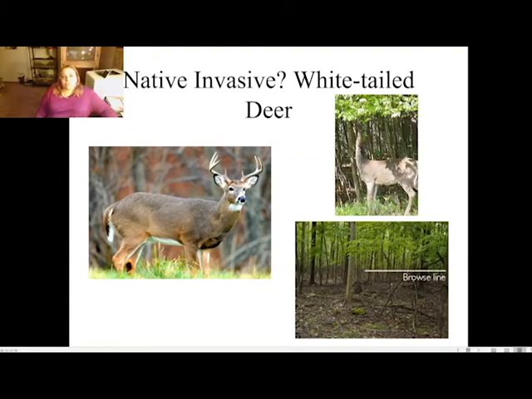So they cause similar ecological problems to invasive species. They could be considered invasive because they wouldn't have become a problem if it wasn't for human interaction. We eliminated their predators, we modified their habitats in a way that suited them, and their population growth is because of us. So they've been detrimental to many plant species due to overgrazing.